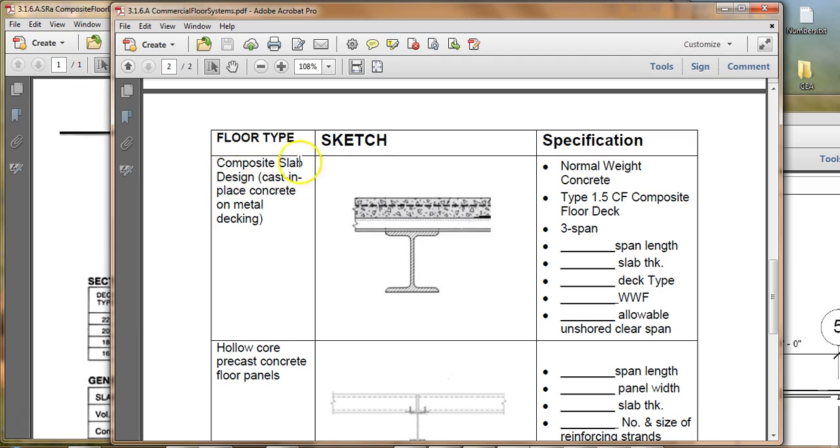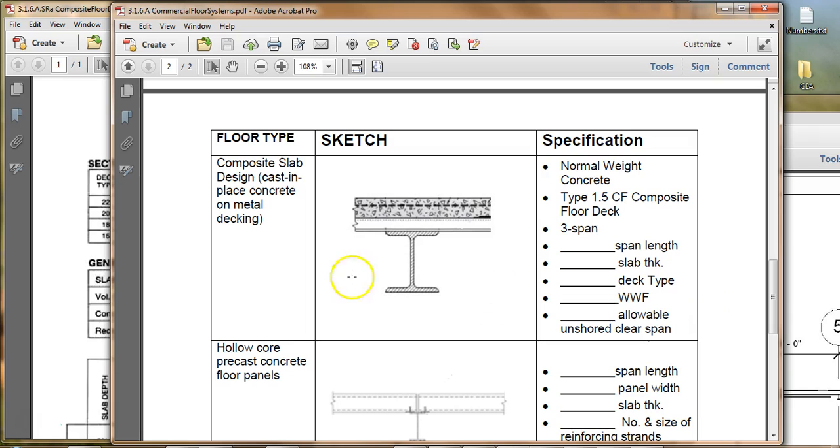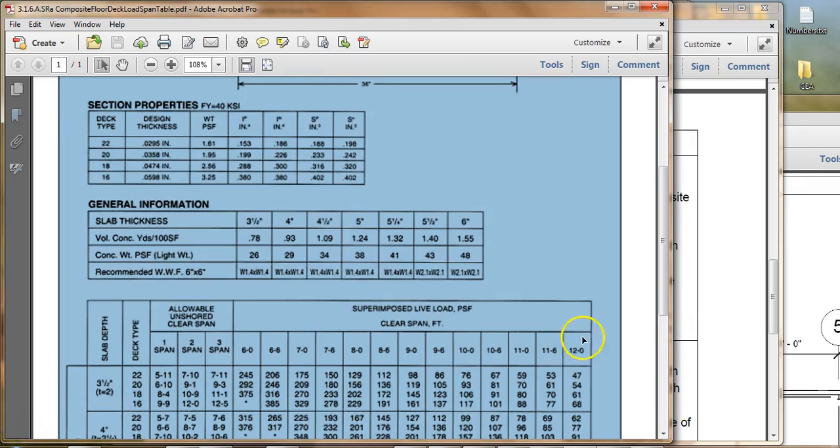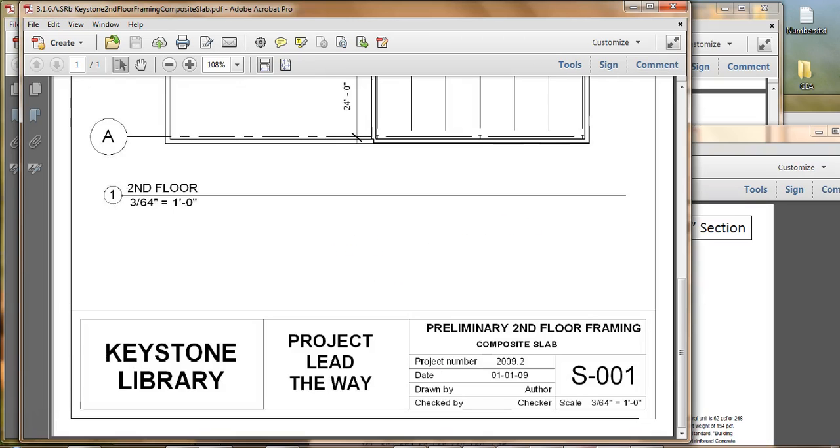So first, this is the slab cast in place design. So let's see if I can find my composite floor deck. That's this one. Here's my table that I'm going to be using for this one. So composite slab.